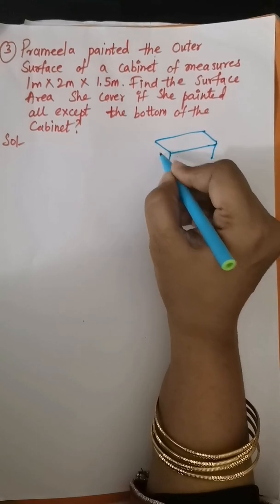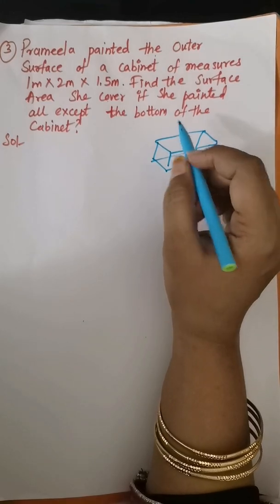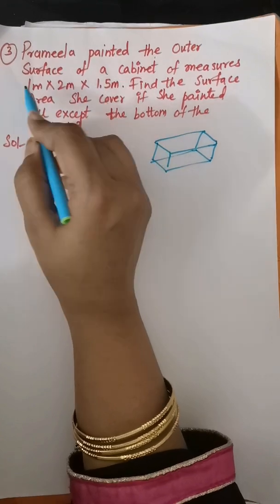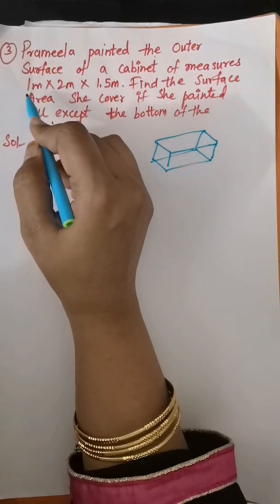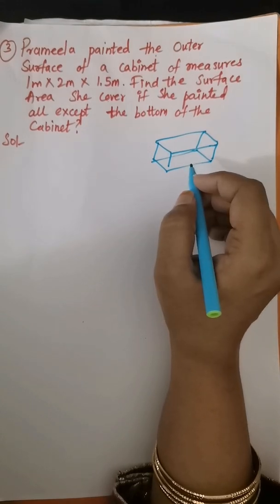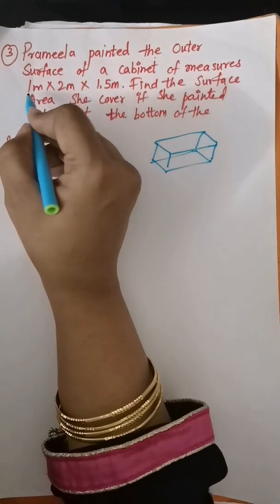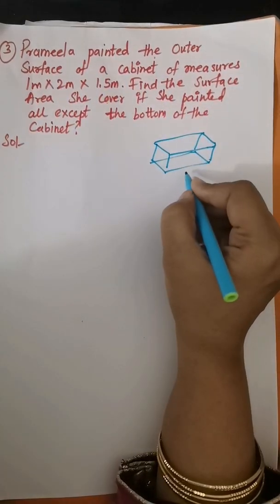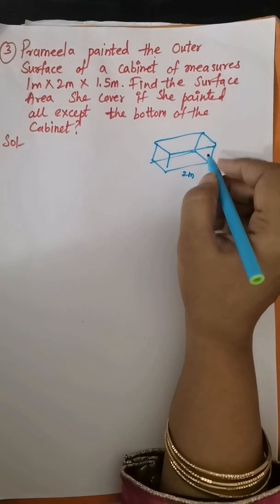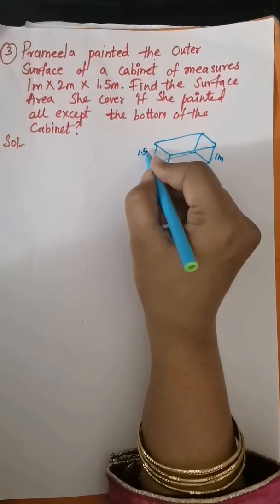This is your cabinet, which is in the shape of a cuboid, and their measures are given, L into B into H. Since this is smaller and this is bigger, we will take 2 meter as length, breadth as 1 meter and height as 1.5 meter.